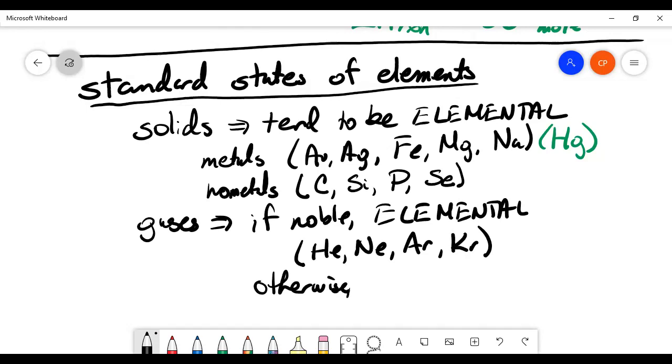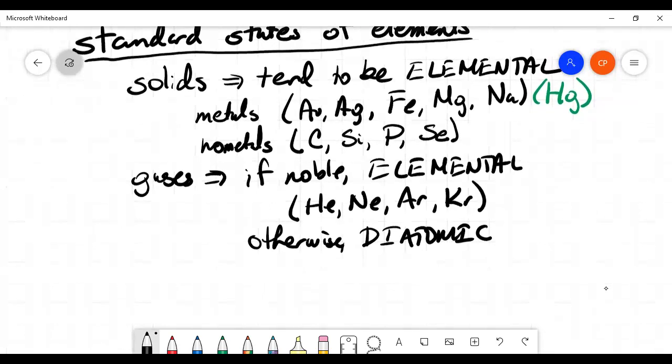And we remember from coming across these things in chemical reactions before that gases like hydrogen, like nitrogen, and oxygen are diatomic on a regular basis in their standard states. We don't say H, we say H2. We don't say N, we say N2.